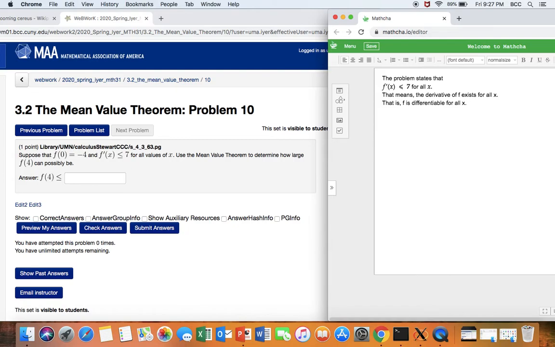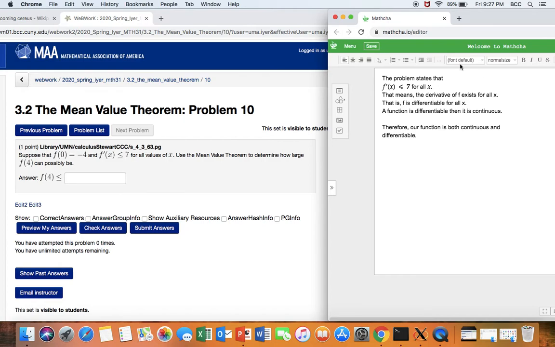Now we saw in class that if a function is differentiable, then it is continuous. All right. So that is, therefore, our function is both continuous and differentiable.